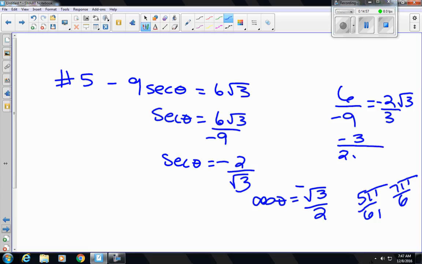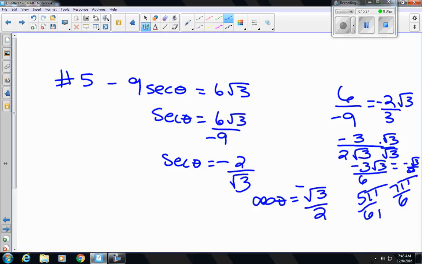Negative 3 over 2 root 3. And then if I rationalize it, negative 3 root 3 over 6. 2 times root 3 times root 3 is 2 times 3, which is 6, which is negative root 3 over 2. Got it? Okay, what else?